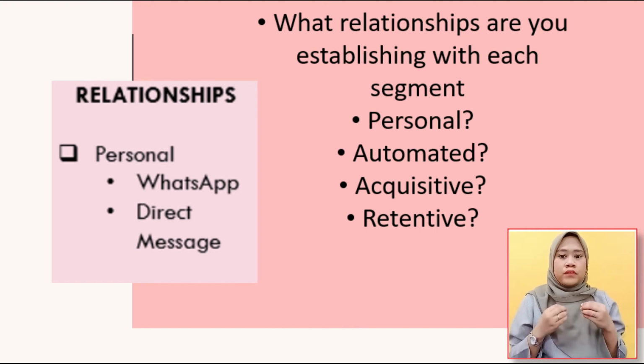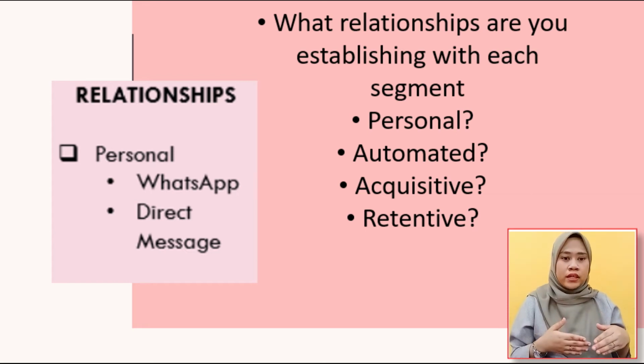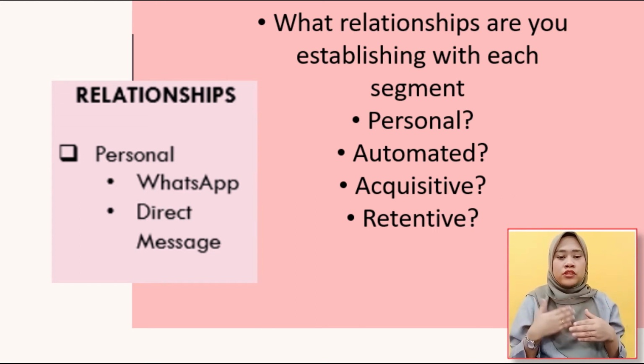However, automated is where the business interacts with their customer through an application. While acquisitive, the business will be involved in expos, carnivals or events to interact with their customer. And retentive is where the business has a loyalty program such as a member card to have a good relationship with their customers.